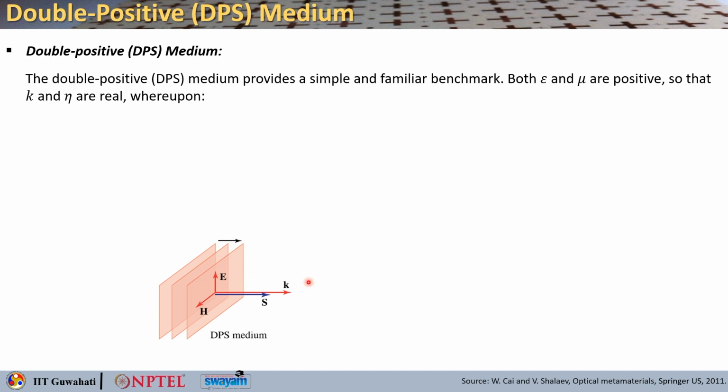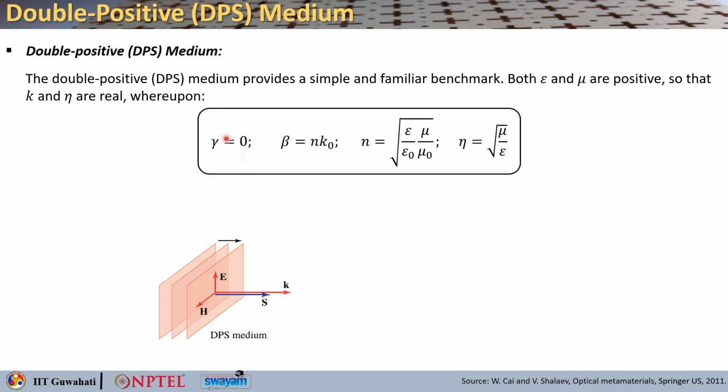So, this basically provides a simple and familiar benchmark. So, here both epsilon and mu are positive, so that you also get K, the wave number, and eta, the impedance, they are also real, and here gamma, the attenuation coefficient, is the imaginary part, so that goes to 0.